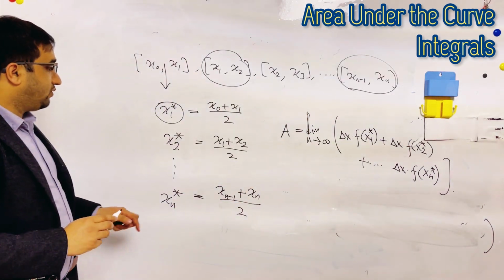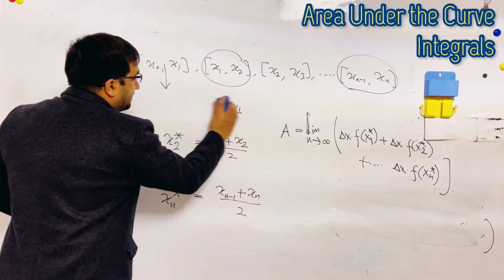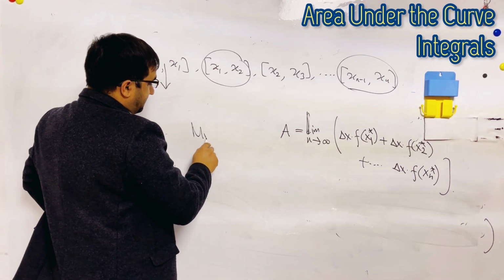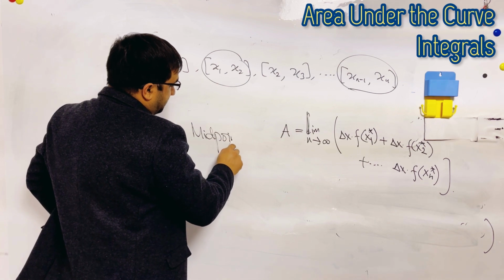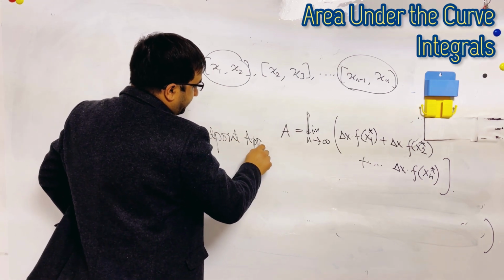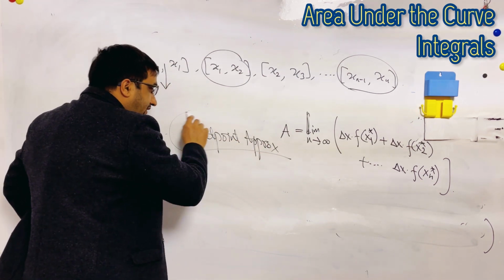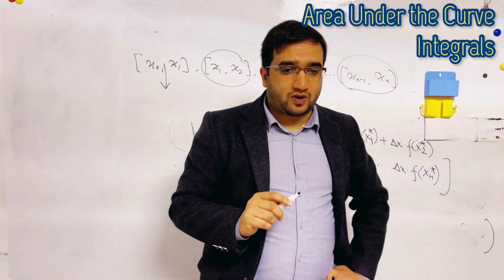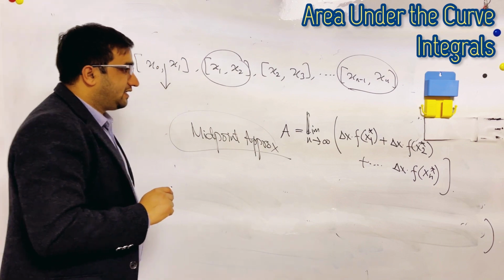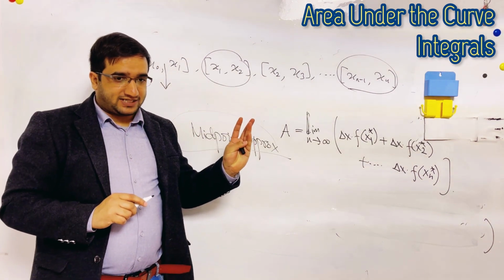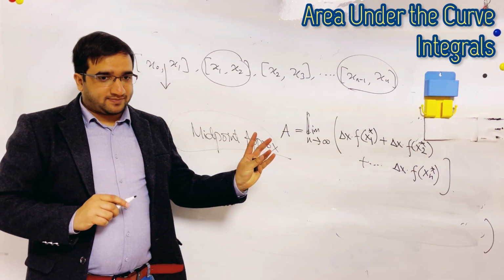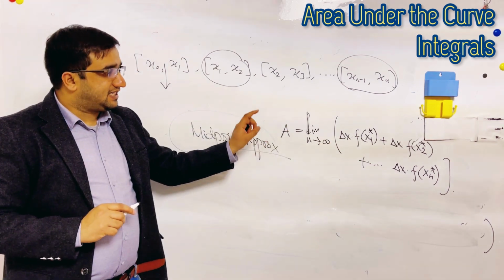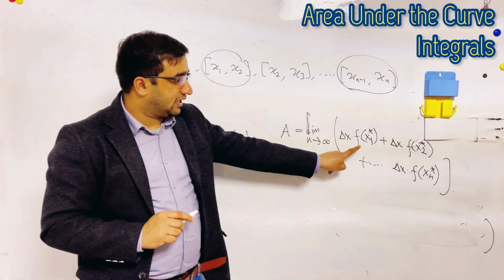So this rule is called the midpoint approximation. So now we have three methods to approximate the area under the curve: using the right endpoints, using the left endpoints, and using the midpoints. All three rules work with the same formula.